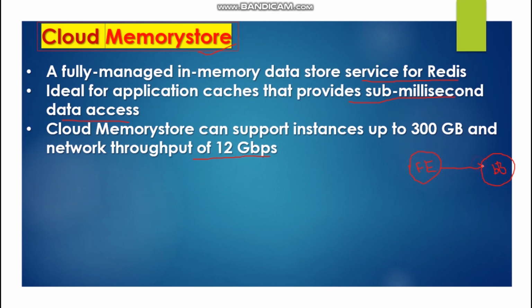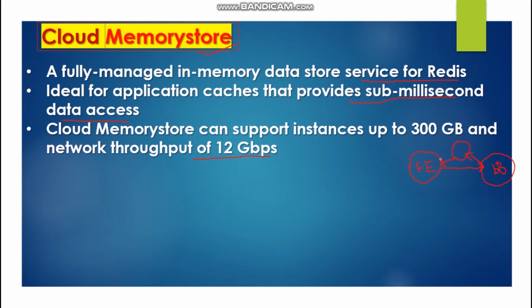That increases the cost of querying the database and also reduces the performance of your application. So Cloud Memorystore offers you 300 GB of cache. The first time you fetch data from the DB, it stores the data in the cache and gives the response to the front end.